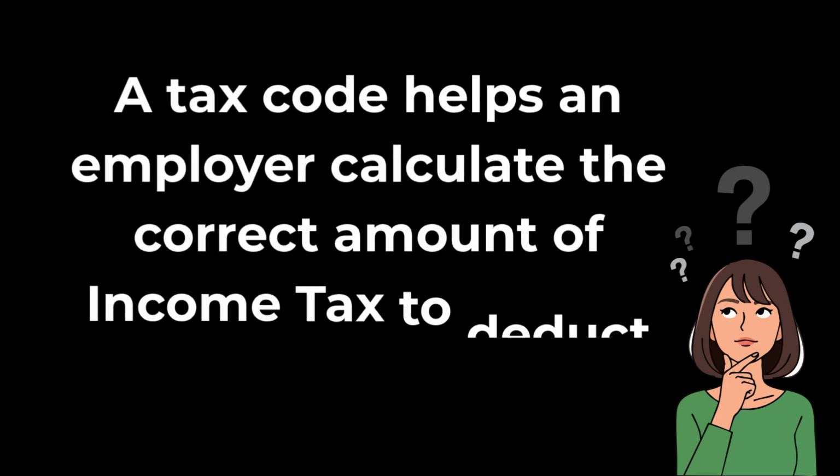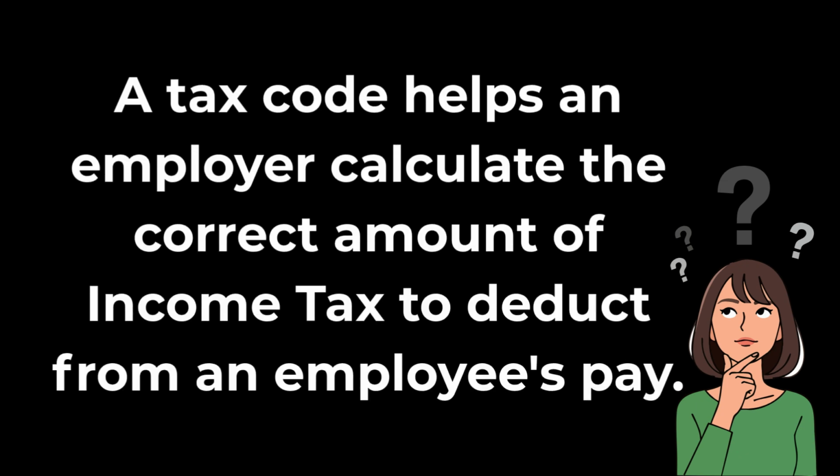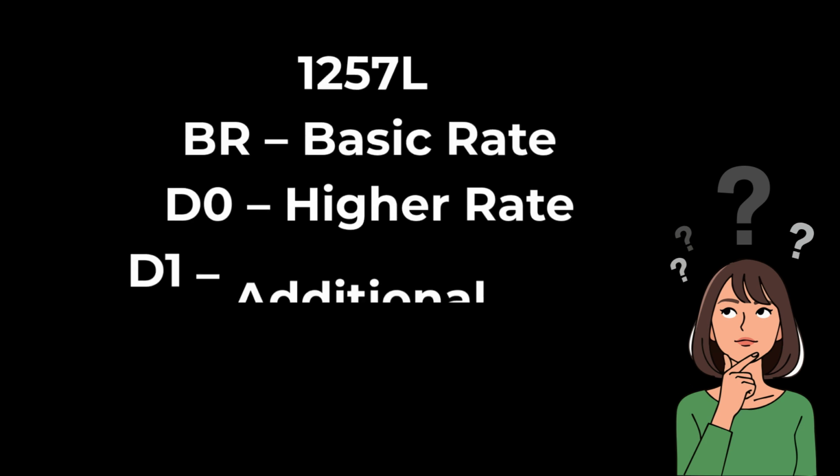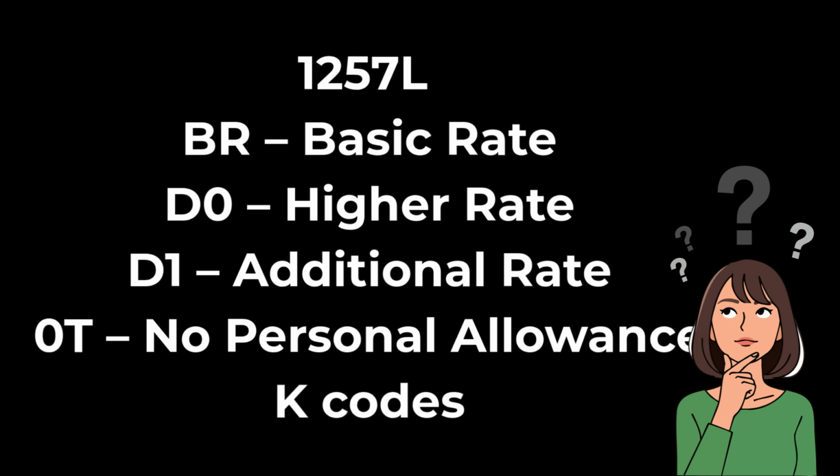A tax code helps an employer calculate the correct amount of income tax to deduct from an employee's pay. 1257L is a common tax code associated with the standard personal allowance. Other codes include BR, D0, D1, 0T, K codes as well, and these are used in certain situations where deductions or taxable benefits exceed available allowance.